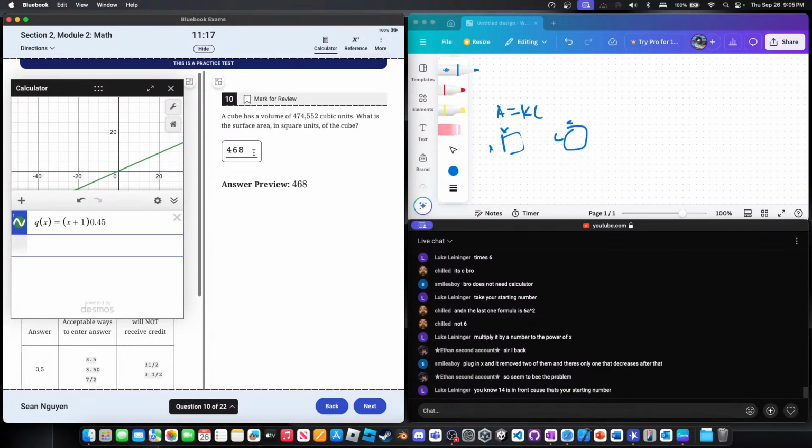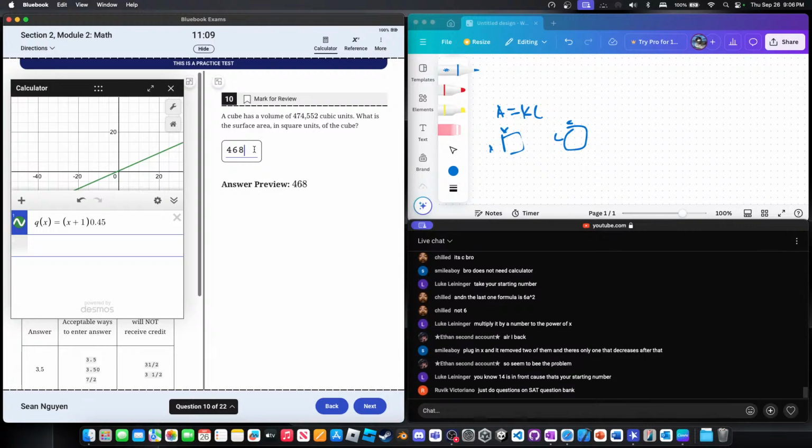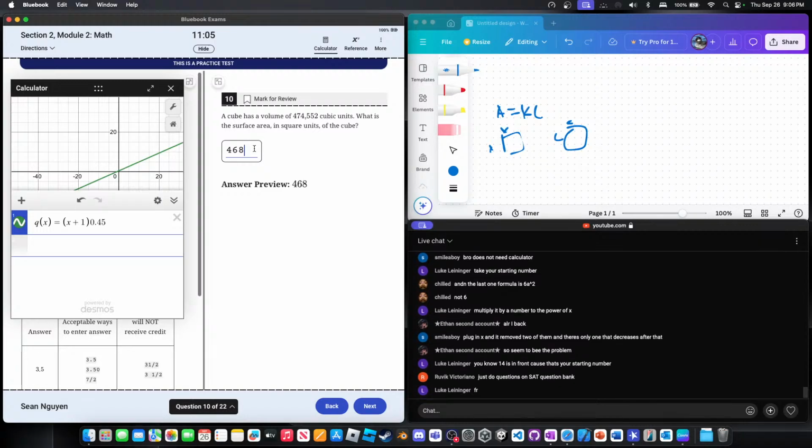Volume of... so 468 would be the length and width, or length and height. Surface area in square units.